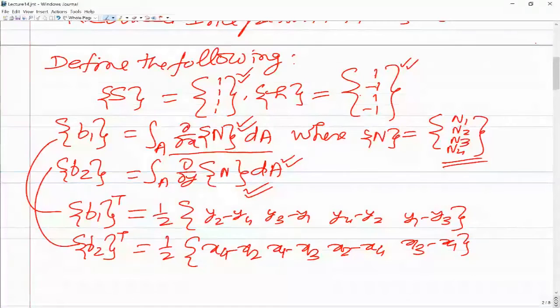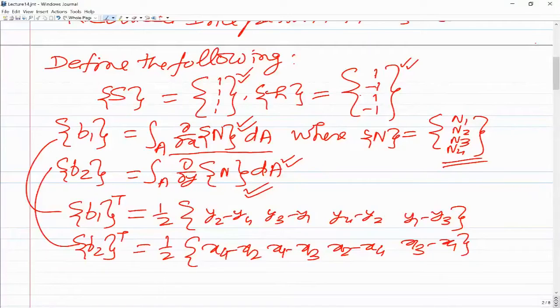Sir, after taking the derivative and integrating over the area, you are converting it to the physical coordinate system? Yeah, the final answer would be in terms of these coordinates, because dA you will write as determinant of J into d xi d eta, and the derivatives you would write in terms of the inverse of the Jacobian matrix and derivatives with respect to xi and eta.